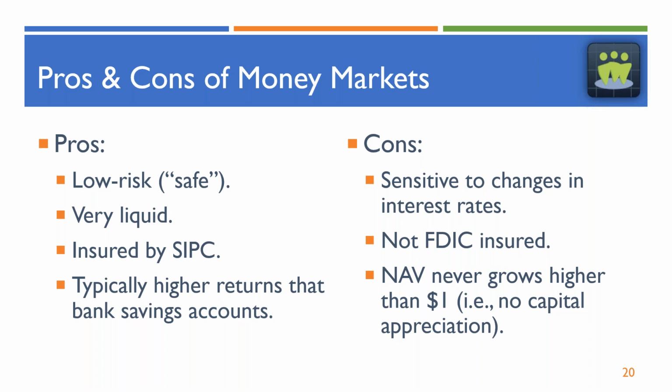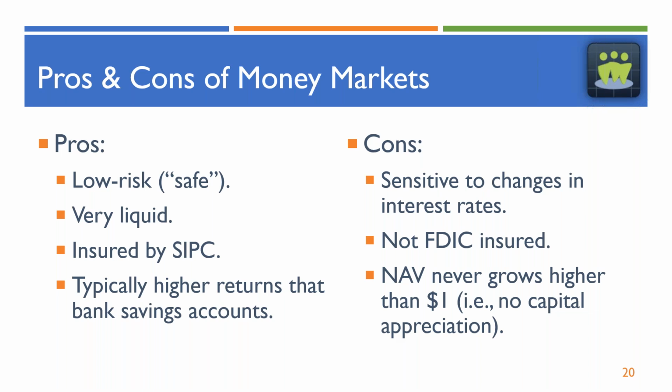So a money market can be a little bit more liquid method of storing your money somewhere. Again, not FDIC, but still insured by SIPC. And unless you've got a magic savings account that you can tell us about in the comments, almost guaranteed the money market will have a higher return than any savings account that you might run across. So again, one of the biggest things tends to be a very safe investment.